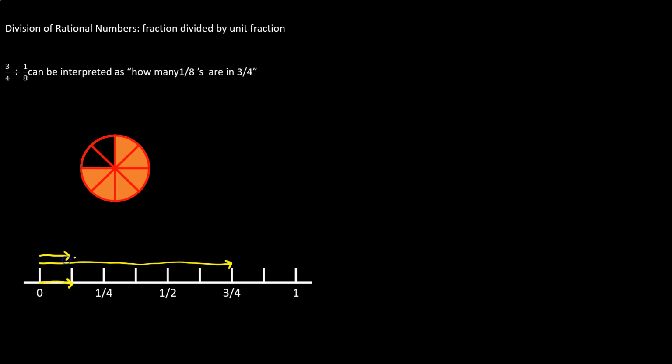So I could have 1, 2, 3, 4, 5, 6. So we have 6 1/8 lengths that fit into the length of 3/4. So again, we have the answer to be 6.